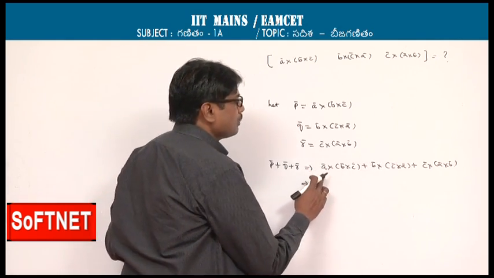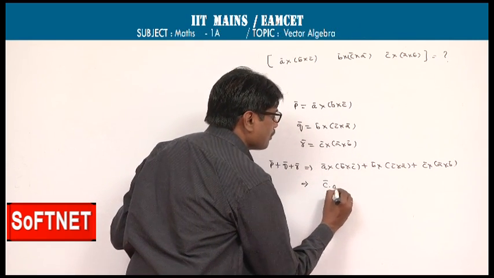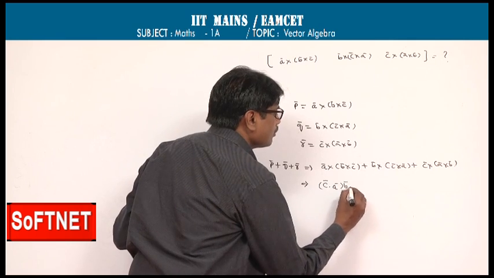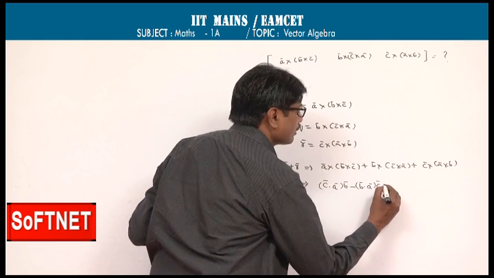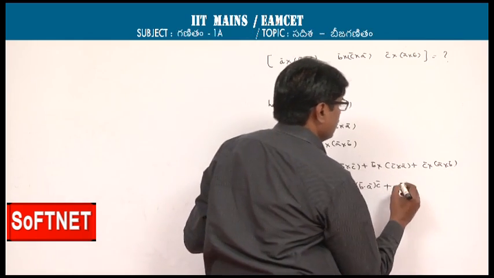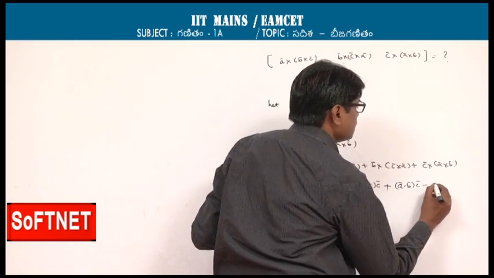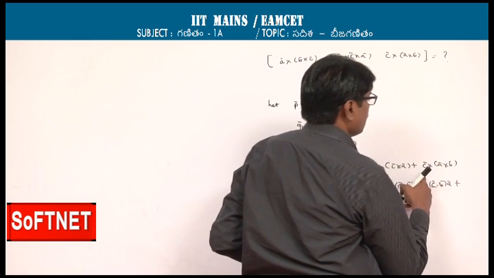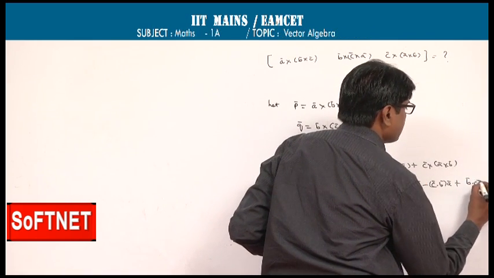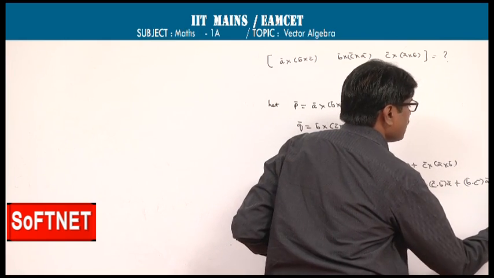As it is left open, take the dot product from the right side. C bar dot A bar into B bar minus B bar dot A bar into C bar plus A bar dot B bar into C bar minus C bar dot B bar into A bar plus B bar dot C bar into A bar minus C bar dot A bar into B bar.